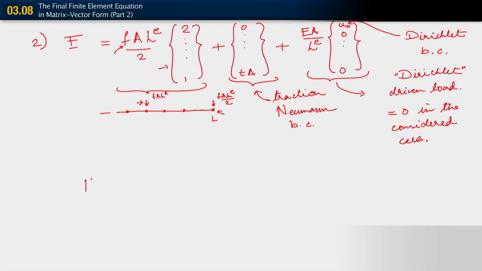Okay, well, I should also state one more thing, right? I've just formulated the problem. What is the solution? Since we have KD equals F, the solution is D equals K inverse F. Okay, that is the formal solution. Of course, you may or may not actually invert K depending upon the size of your problem.